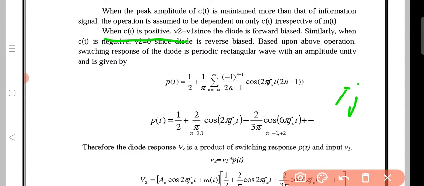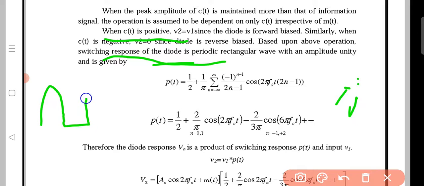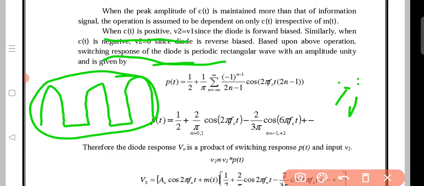What we observe here is that the diode acts as on and off. This is the switching process, the switching response of the diode, and it presents the output side like this. This switching response is called a periodical rectangular wave, similar to a periodical rectangular wave.